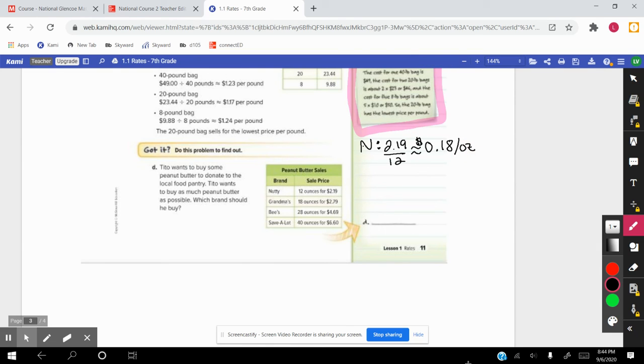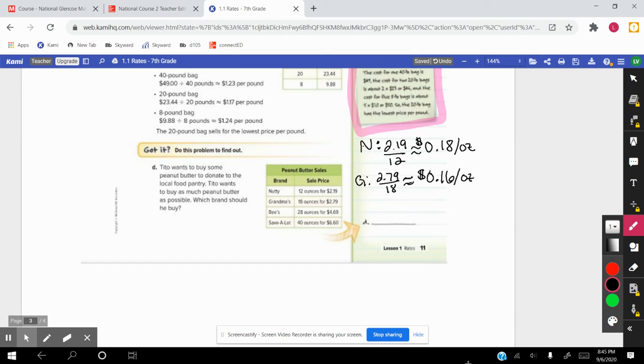Then I'm going to go with Grandma's. That's going to be 2.79 divided by 18. And you know what? This needs to have the about sign, not equal to, because I'm rounding to the nearest penny. This is about 16 cents per ounce.